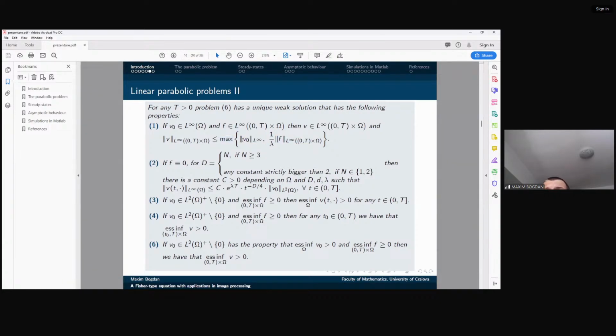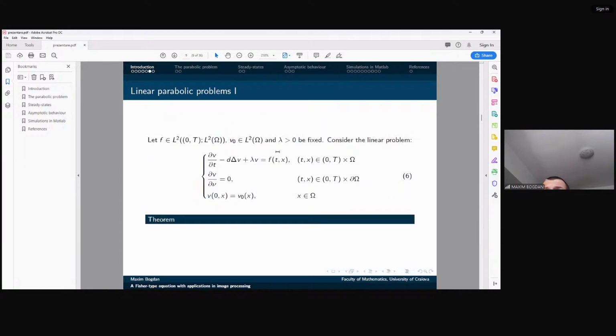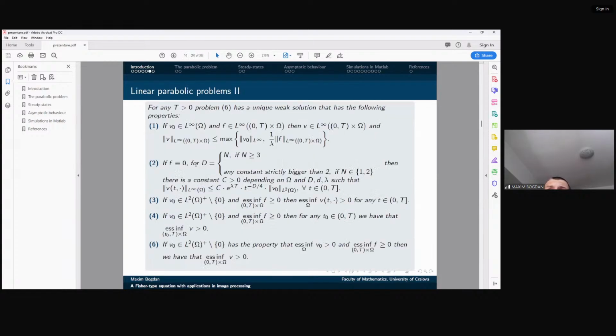So it is bounded by the infinity norm of the initial data and the infinity norm of the source on the right-hand side.